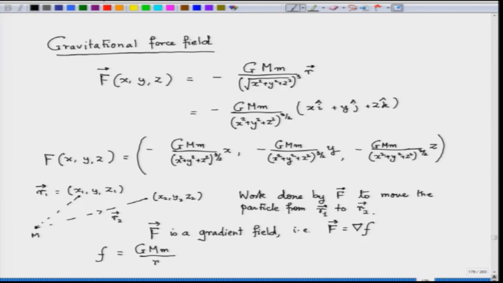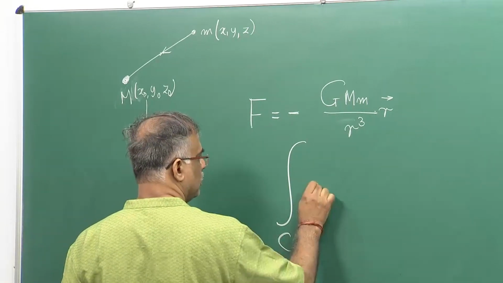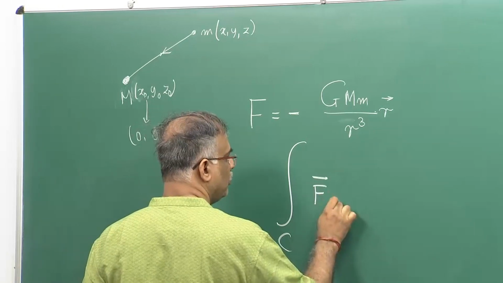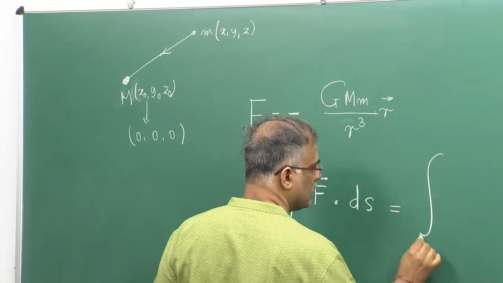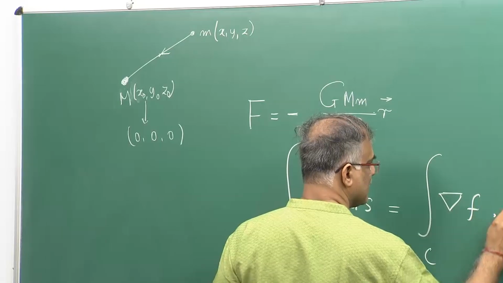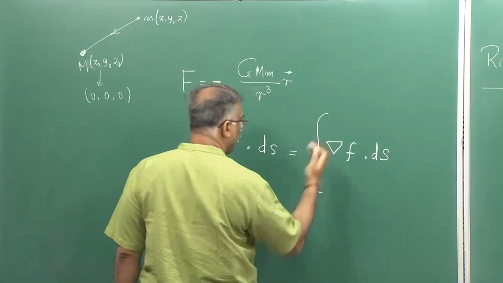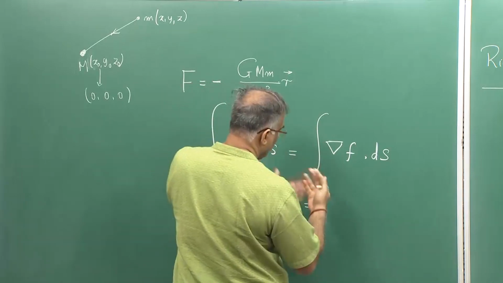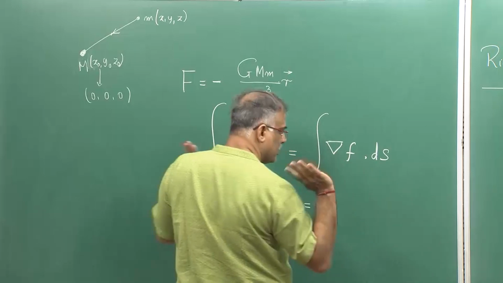Now, the work done by the gravitational field to move from this point to that point is the same as the integral of grad f dot ds, and for a gradient field it just depends on the value of the function f at the two points.